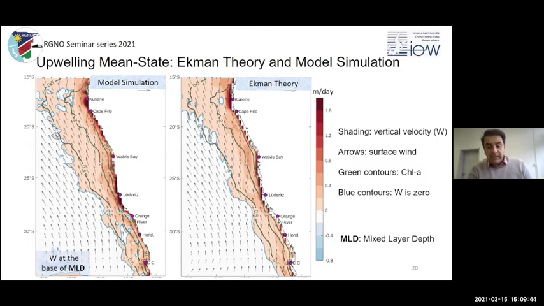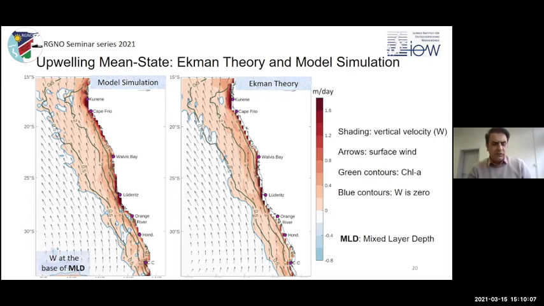We define mixed layer depth as the depth at which the density gradient is small, below some threshold, 0.03, so it's basically a result of density contrast in the water. This is what we consider in the model.